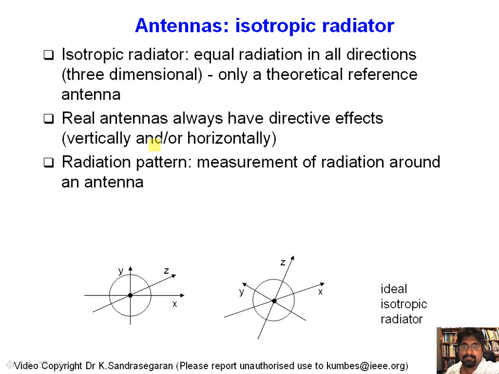So within an angle of 13 degrees, it emits all the power in a vertical plane. This radiation pattern will be very much similar to something like a donut. If you do a cross section of a donut horizontally, you'll get a circle. But if you take a cross section vertically, you'll get an elliptical pattern.